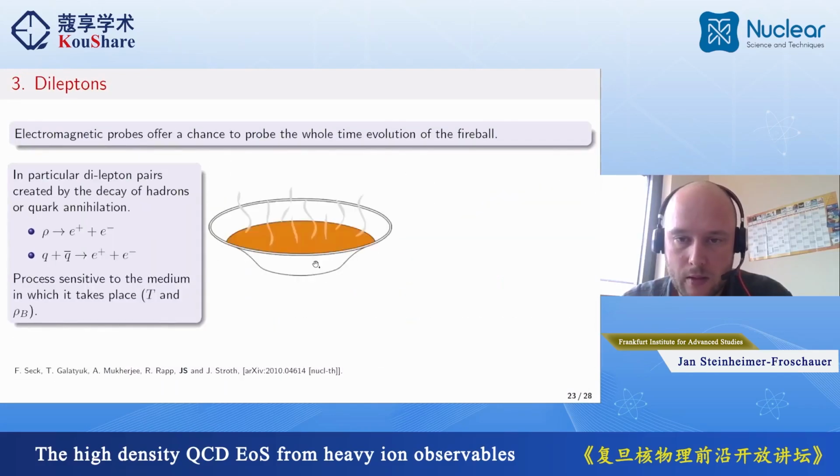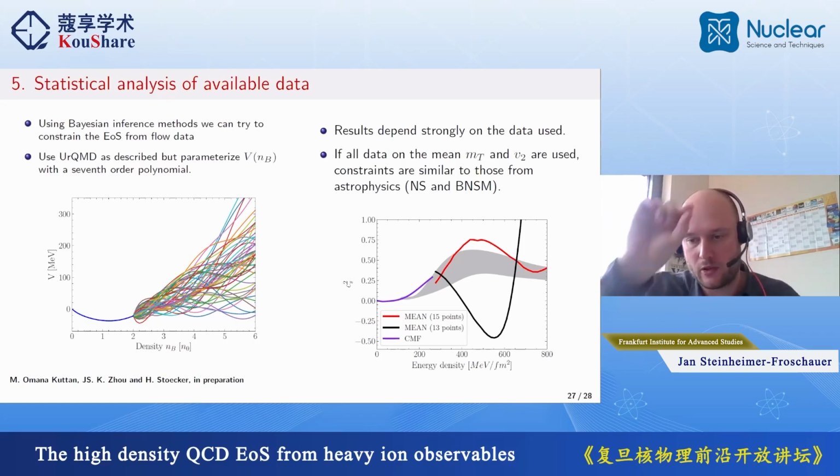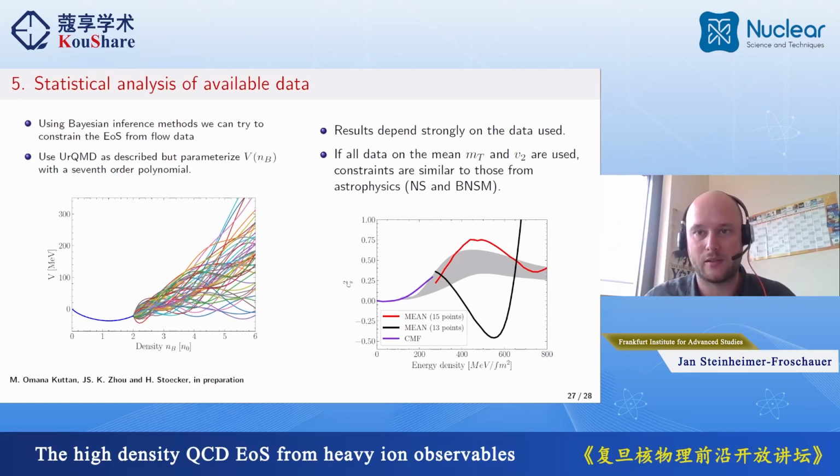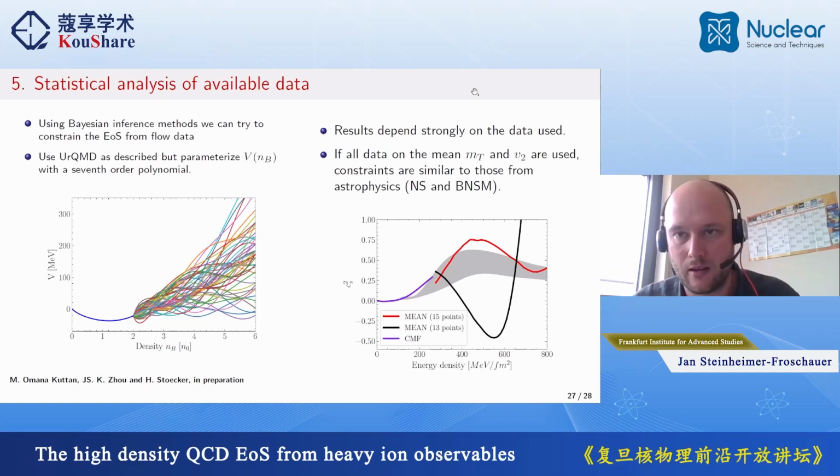When we did this Bayesian analysis, what happens is that this red curve, which has no phase transition, also works best if we compare it to the v1. The funny thing is you can get this little minimum, which is there for the STAR data, without having a first-order phase transition. You don't need it.